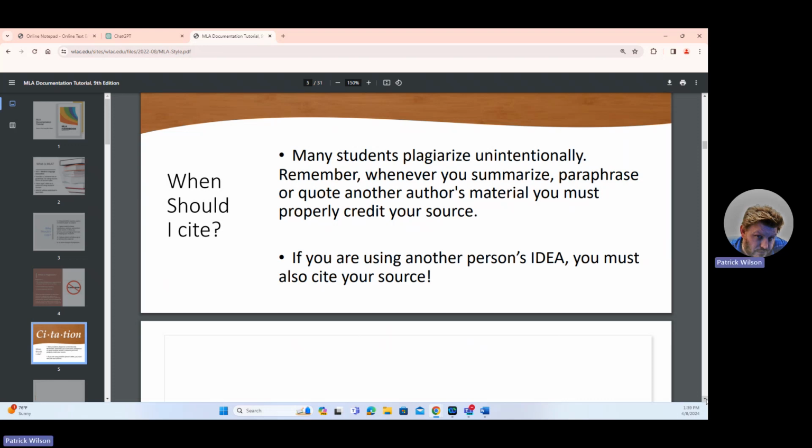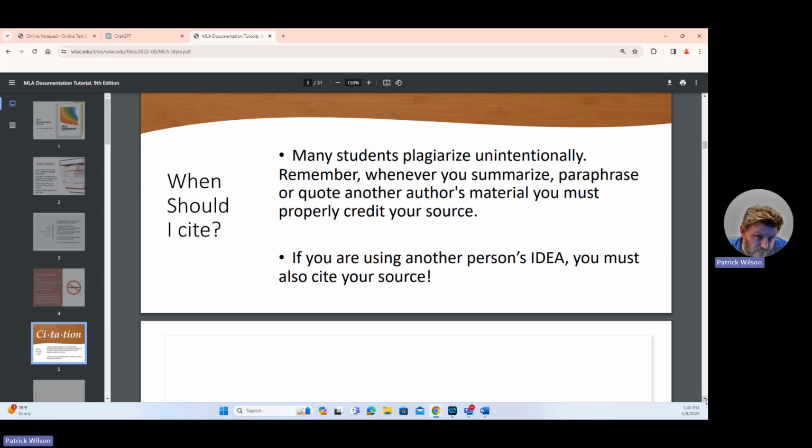Be careful. You want to find synonyms, obviously, or antonyms, but don't go through and change every single thing around in a particular passage or quotation that you're trying to summarize or paraphrase. It looks kind of goofy. It's very obvious.